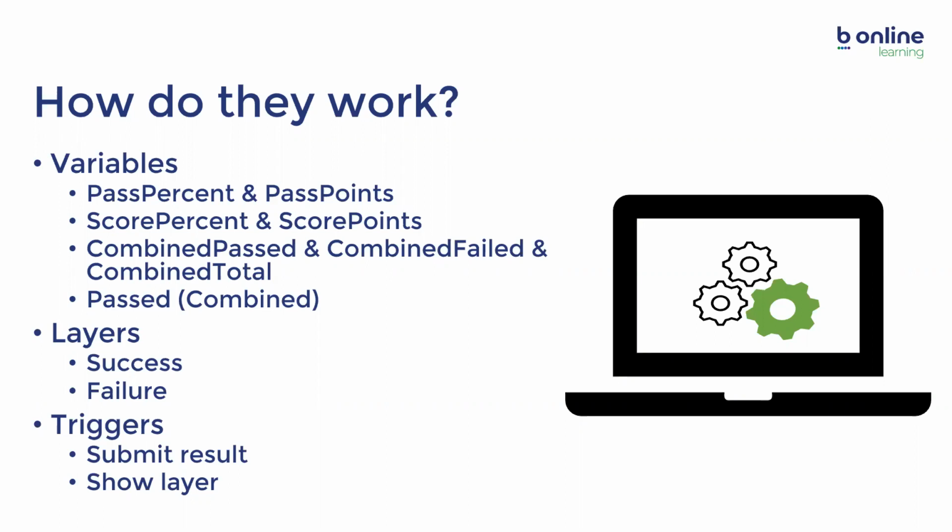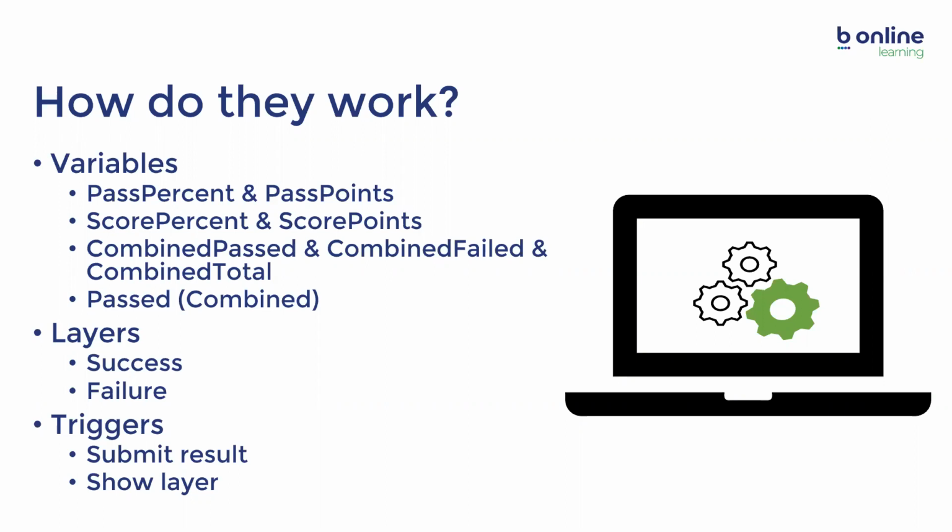So in order to pass the overall, the number of quizzes that the learner has passed must equal the total number of quizzes in the overall course. Now, finally, when using a combined result slide, you get another variable, which is a Passed variable.